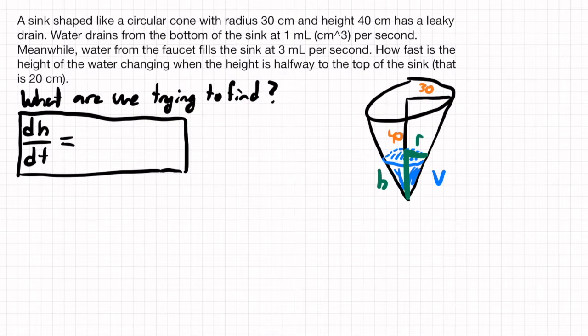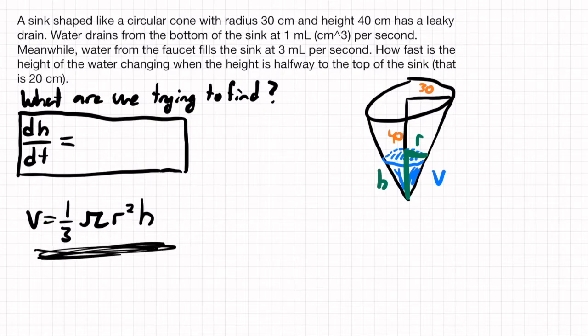And so V is going to be the volume of a cone, 1/3 pi r squared times h. And maybe I'll make my pi a little bit nicer. But this right here is what the volume is going to be.